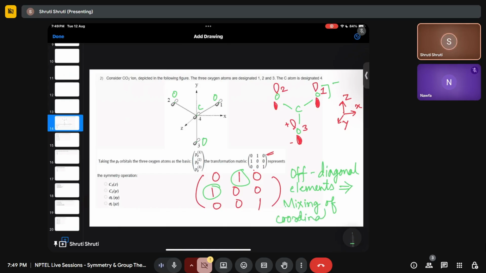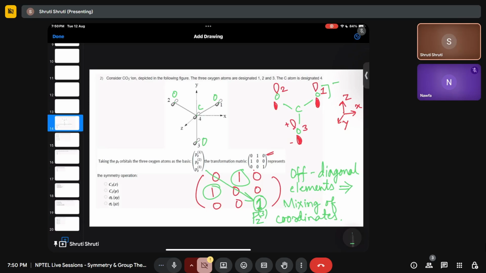What is the diagonal element here? This one. This is the principal diagonal we call this, and this is a diagonal element which is third row, third column, which means it is pz3. It means that in the answer pz3 will not change its position, the other two will change their position.